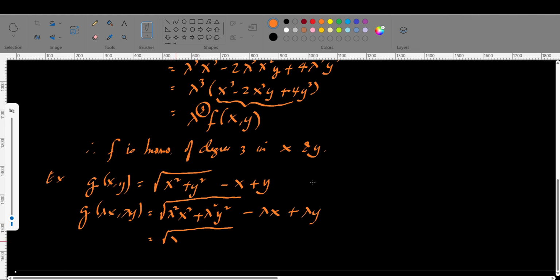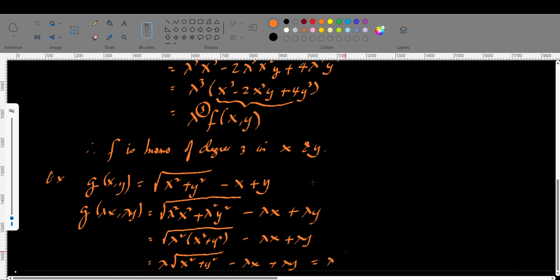In our radical, we can factor lambda squared. So the radicand becomes lambda squared times x squared plus y squared, minus lambda x plus lambda y. But the square root of lambda squared is lambda, times the square root of x squared plus y squared, minus lambda x plus lambda y.